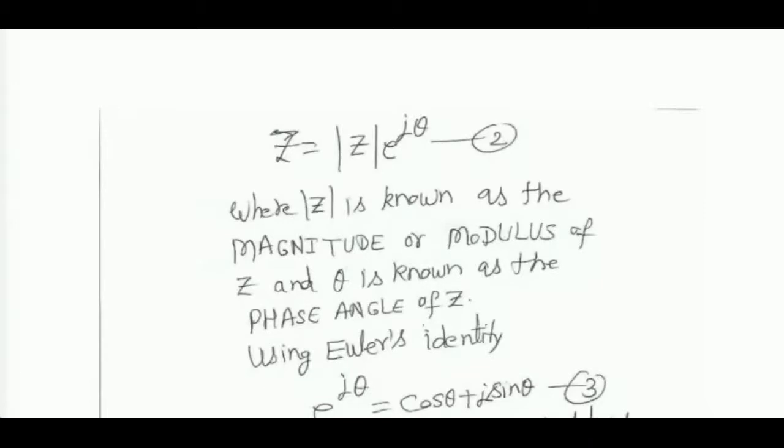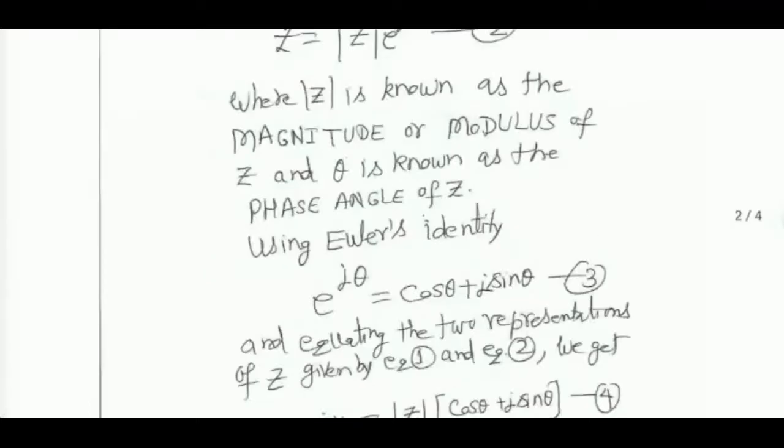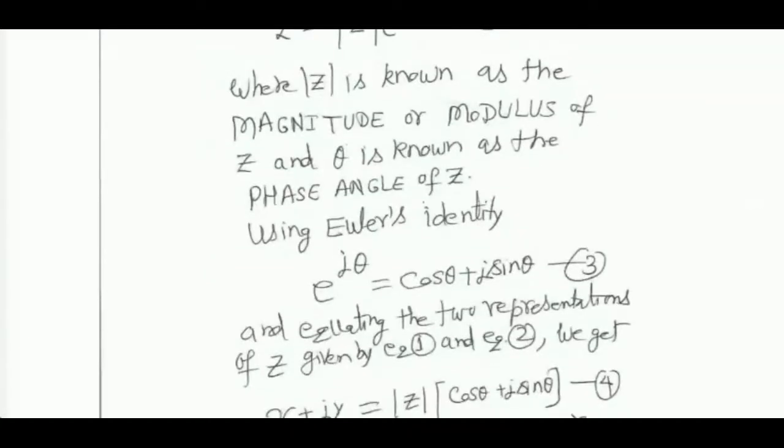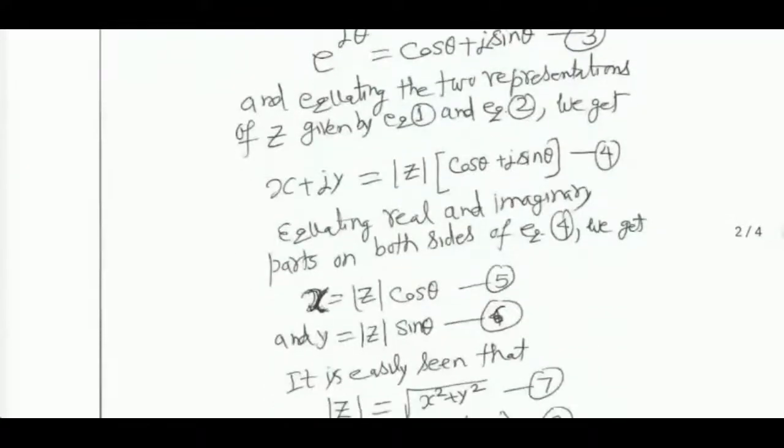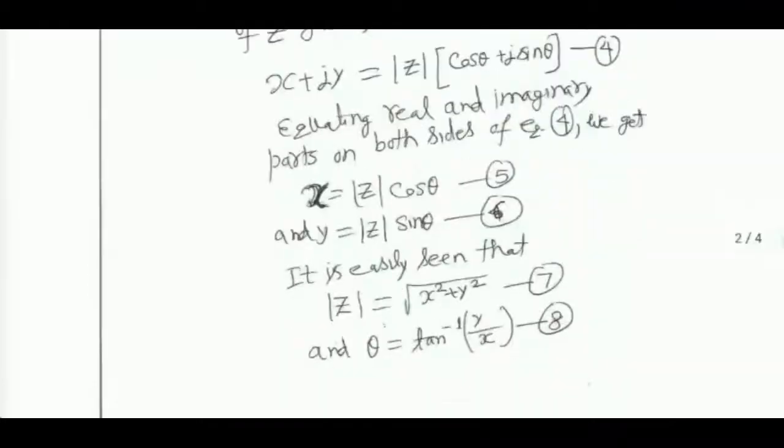Modulus or magnitude of z is represented by putting two vertical bars on both sides of z, and theta is the phase angle. It is very easy to see using Euler's identity that the real part is modulus multiplied by cos theta, and imaginary part is modulus multiplied by sin theta.